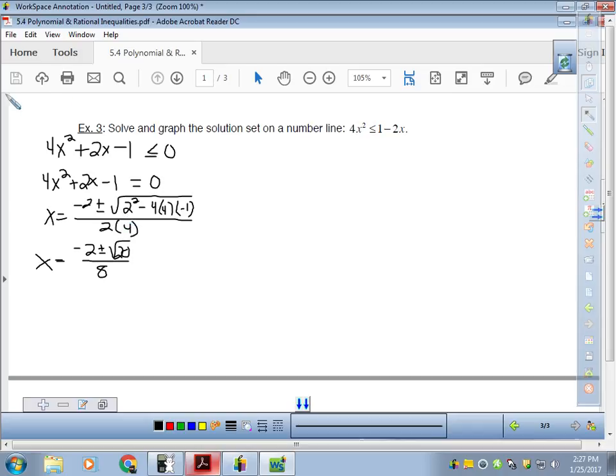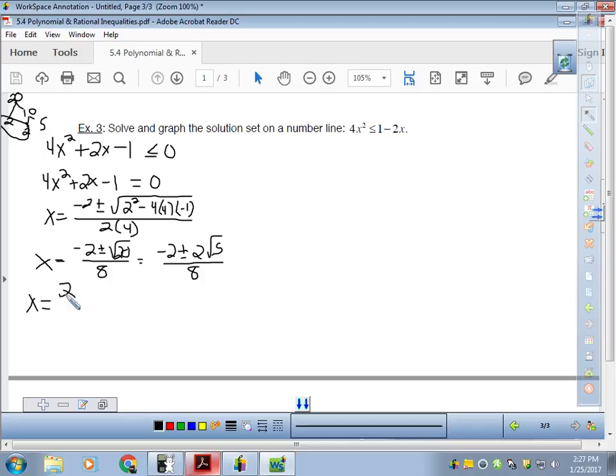Let me simplify that 20. I'm going to do a little factor tree. 20 is 2 and 10. 10 is 2 and 5. So there is a pair of 2's there. So this is negative 2 plus or minus 2 square root of 5 all over 8. Since there's a 2 on the stuff on top, I could factor that out.